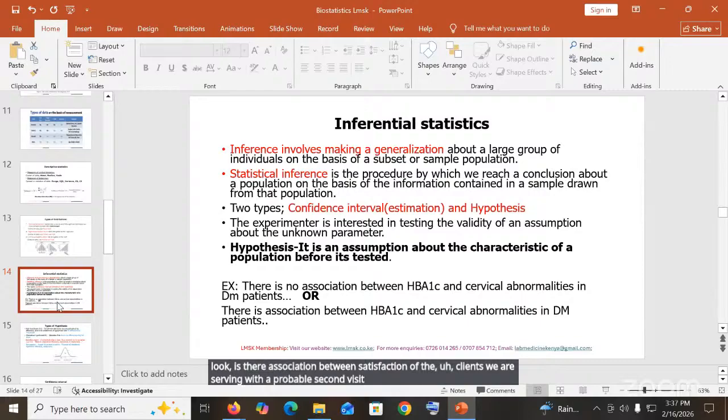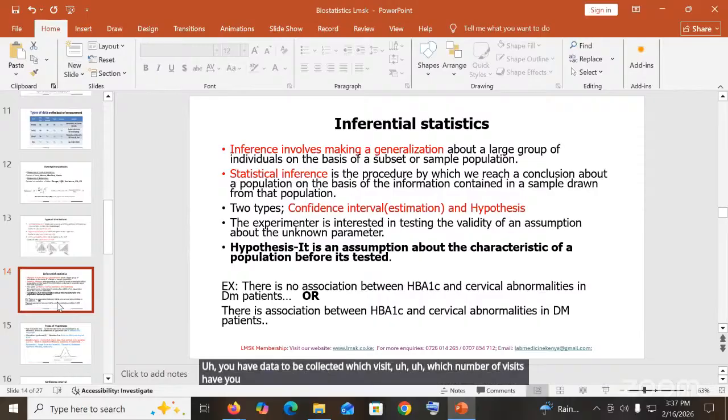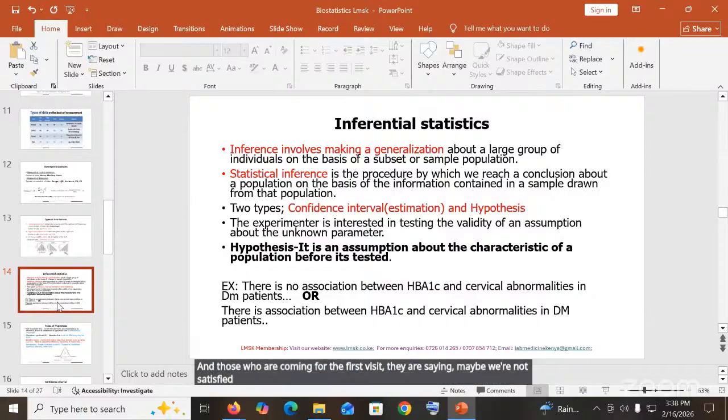Of course, that means you'll have data collected on how satisfied they are with our service, and on the number of visits they have made to this place. For example, those coming for the third visit say they are highly satisfied, and those coming for the first visit say maybe they're not satisfied, or vice versa. So is there an association between the number of visits to our laboratory and the satisfaction index?